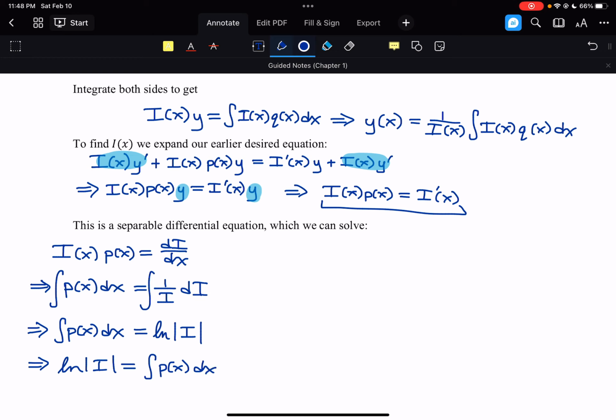Then to get rid of the ln, we need to raise both sides into the exponent of an e. So we're going to get the absolute value of I equals e to the integral of p of x dx.